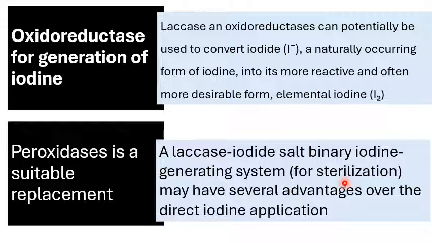So the major application here is that these enzymes carry out a redox reaction and give a more stable and more desirable iodine from iodide, and it is used for its normal biomedical processes such as sterilization and also for other antimicrobial uses.